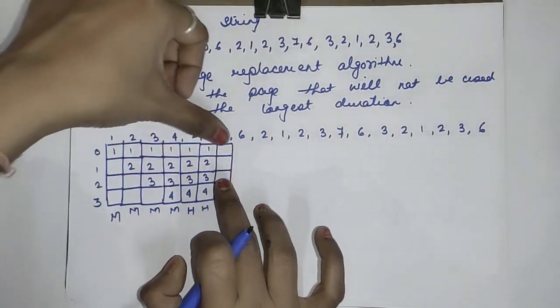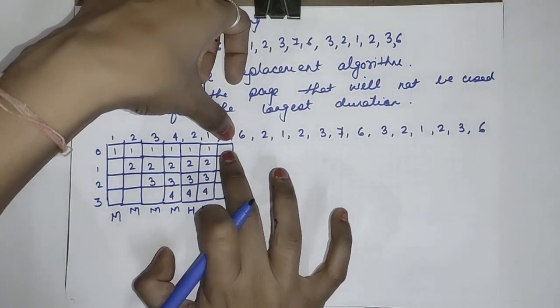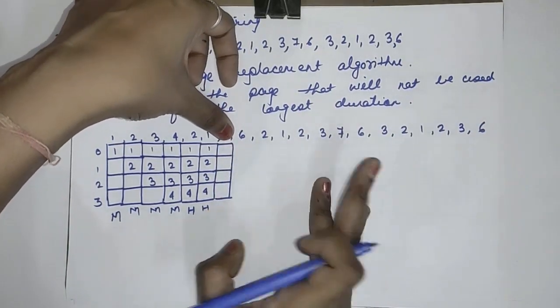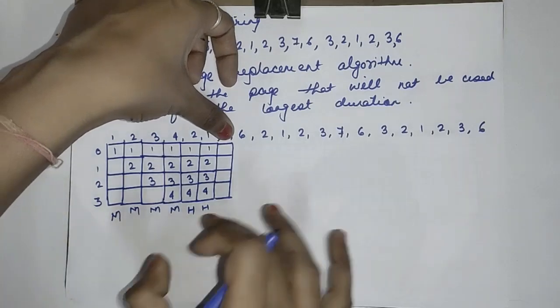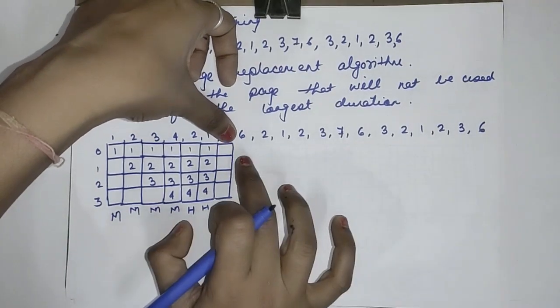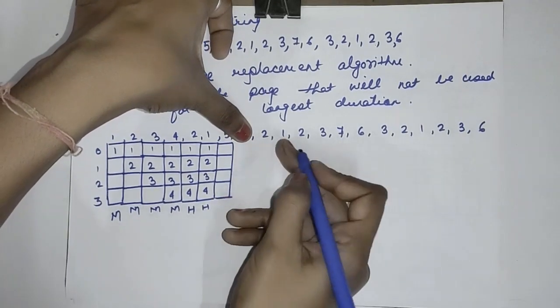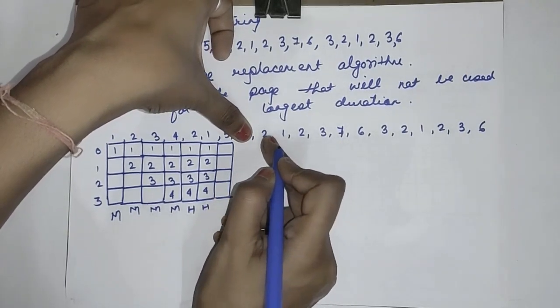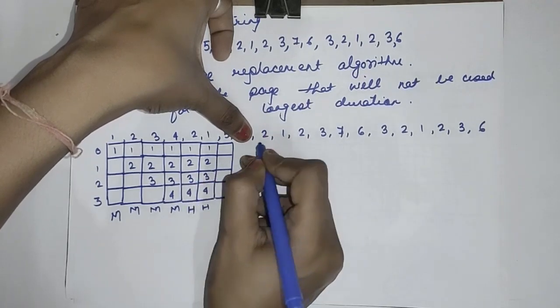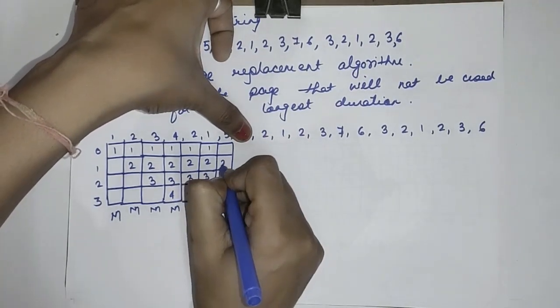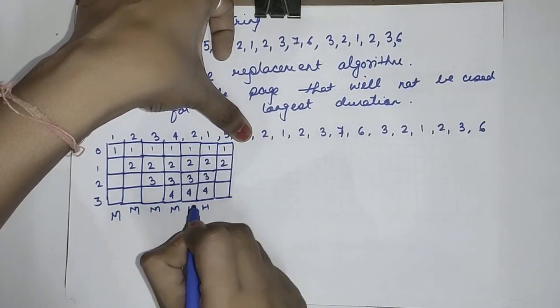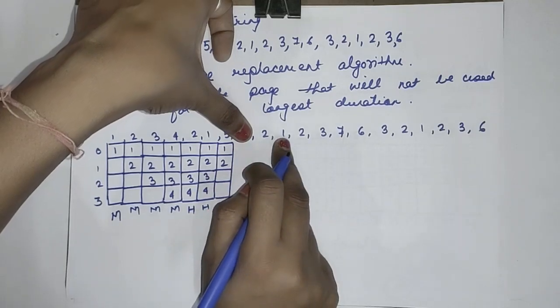I need to insert 5, so I'll not see 5. 6. Is 6 present in memory? It's not present, so there is no chance of replacing that. So nothing to do with 6. Then 2. 2 is to be used in future, so I'm not going to replace 2. Then I have 1. 1 is used in future, so I'm not going to replace 1.